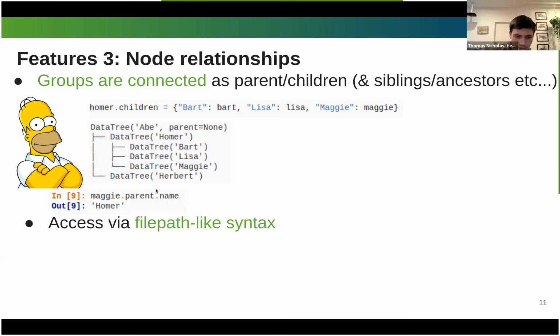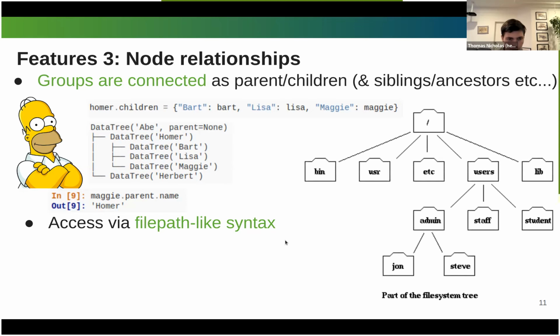Another way to think about the tree is through a file path-like analogy instead. A file path, like a Unix file tree, is also a tree in the mathematical sense. You have a privileged root node, which doesn't have a name, but then every subdirectory below that has a name.